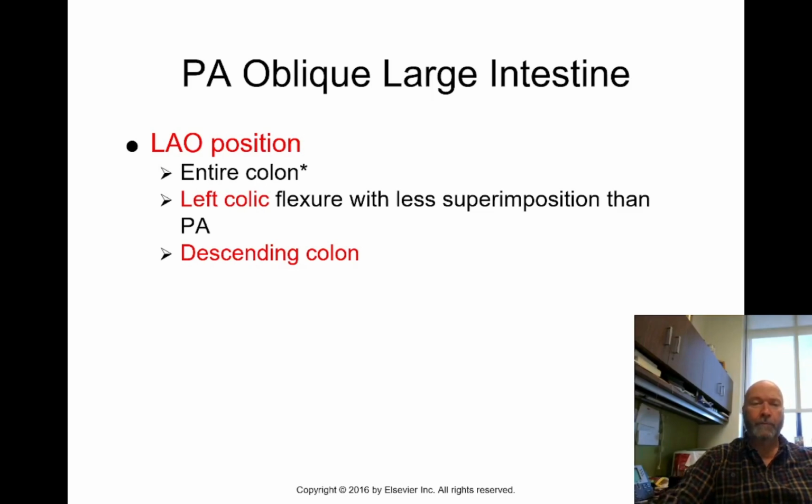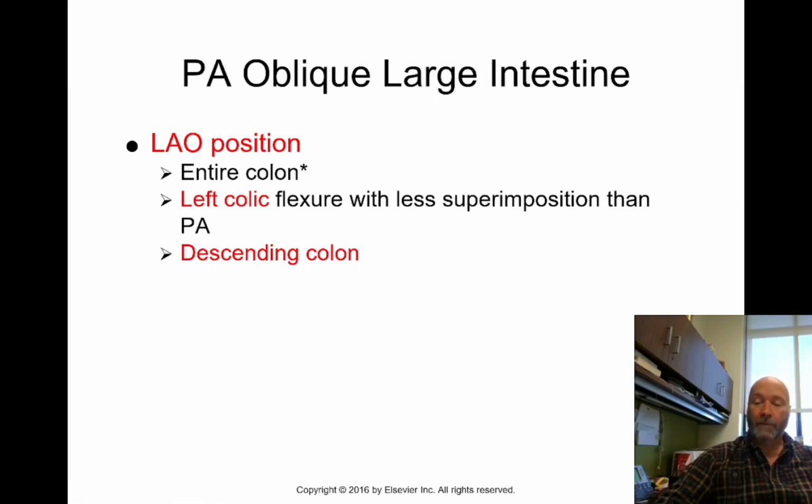But what you're looking for primarily is that left, in this case, LAO oblique, left colic flexure. So that one's probably more important than the hepatic flexure to intentionally position high. That left colic flexure can be quite high.